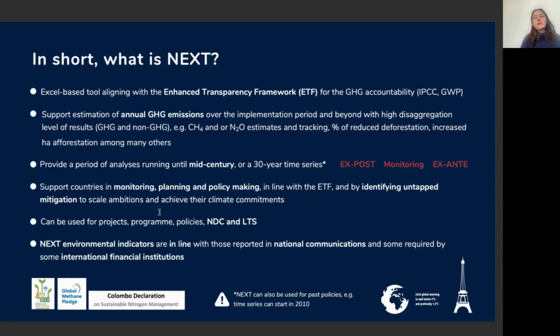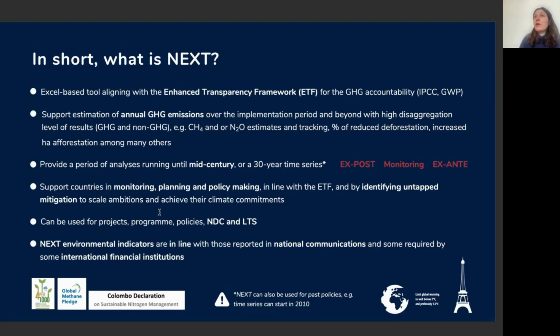So it was created, as I say, to support estimation of annual GHG emissions, and not only over the implementation period, but also beyond, with a high disaggregation level of results. In the tool you have GHG estimates, but also non-GHG estimates.